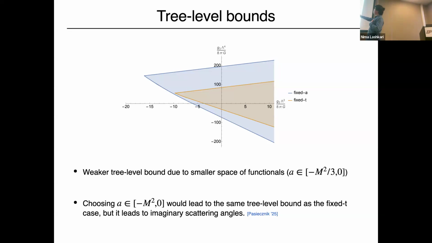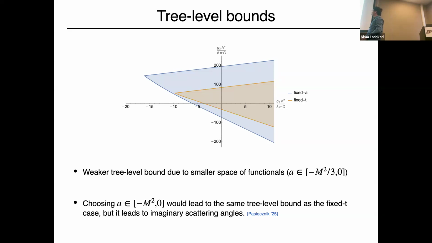And so eventually you'll get some plot like this, and the fixed A plot is the one using crossing symmetric sum rules, and the fixed T plot is just the same plot that I showed before. And you'll notice that the fixed A bound is weaker, and we don't fully understand why it's weaker.